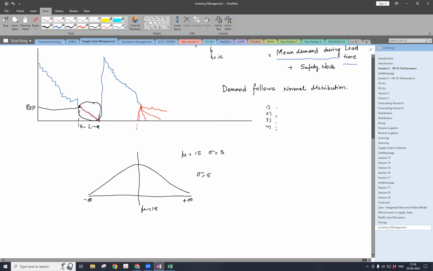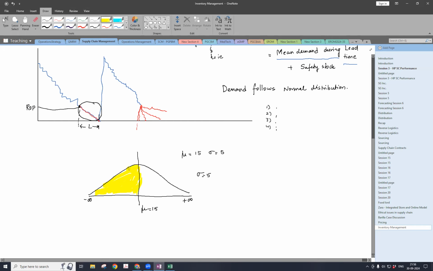And that's where this reorder point comes into the picture. Now, if I just keep 15, as I've taken the example over here, then I am only going to meet 50% of the demand. So this is just 50%. Why? Because the normal distribution has a special property that it is symmetric in nature.